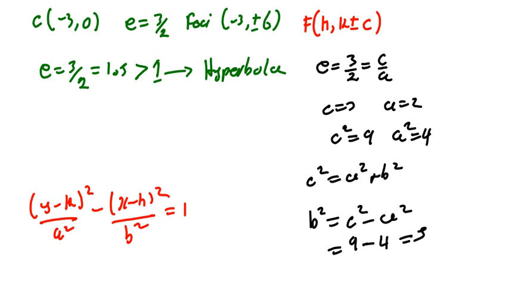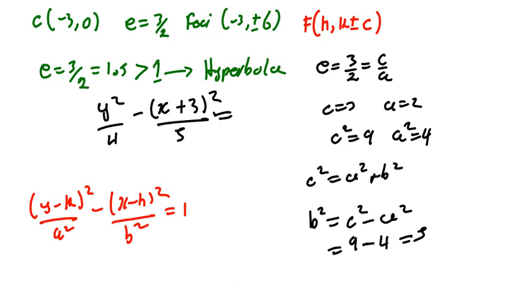So just come here and write that this will be y squared divided by a squared, which is 9. No, that's a 4, sorry. Yeah, that's a 4. Then that will be minus (x minus h), that will be plus h, which is 3, squared, divided by b squared, which is simply 5, is equal to 1.